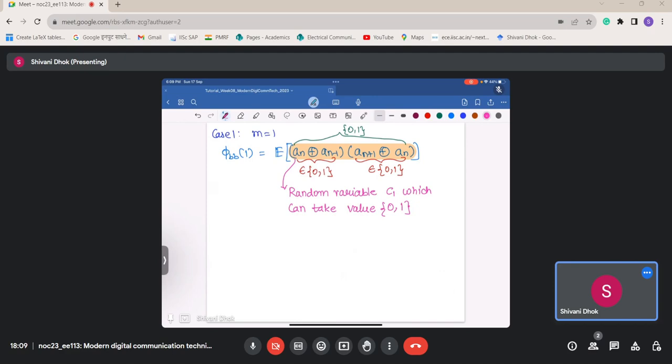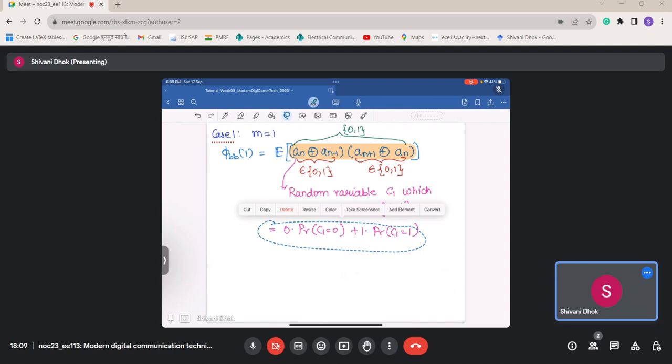So this I can write as 0 into probability that c1 equal to 0 plus 1 into probability that c1 equal to 1. So this is simply equal to the probability that c1 takes a value 1.